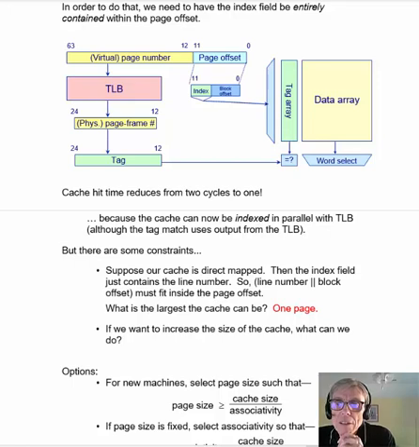You see, if it's a set associative cache, then the index field just tells you the set, and the set contains more than 1 line, so the cache can be larger than a page. So thinking back to the last lecture, if we want to increase the size of the cache, we can make the cache set associative because that increases the tag width and decreases the width of the index.